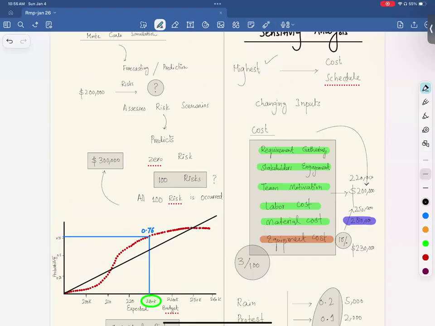You have given the example of 200K on the top, so zero risk is there. In zero risk, in 200K, there should be 100% probability that the work is completed. But the curve is starting from 400K, so that makes it a bit confusing.